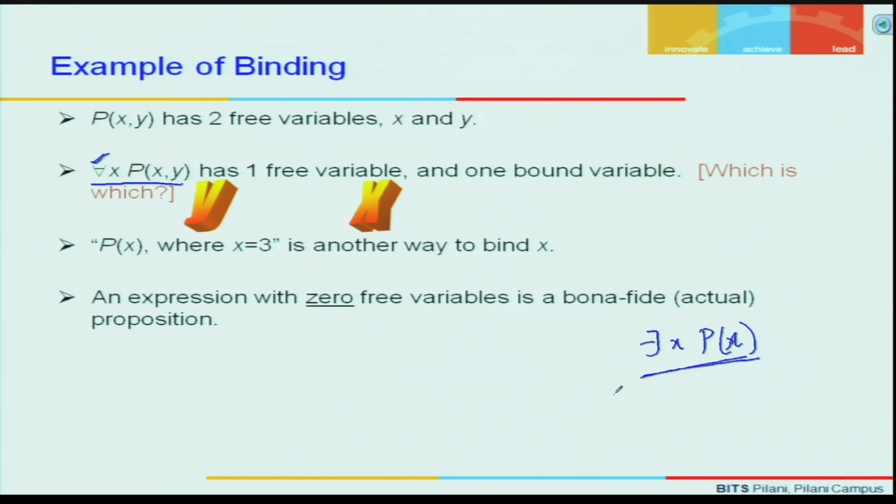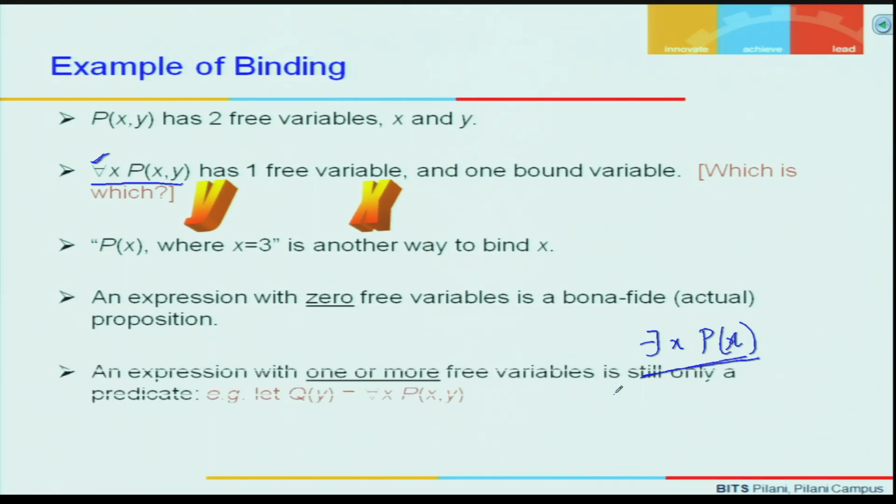In this example, P(x) is x is sleeping is the predicate that we are talking about. When I say there exists x P(x), it means that there is a human being who is sleeping, which is very much a proposition. Unless there are no free variables, it remains a predicate. For a predicate to be a proposition, it should not have any free variables.